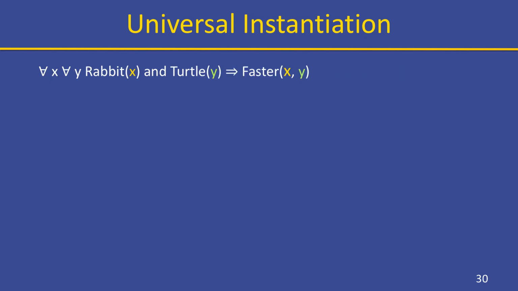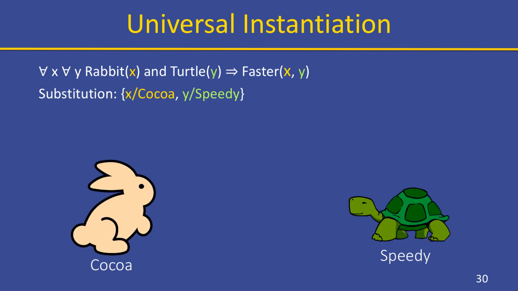Let's look at the second example of universal instantiation. Consider the sentence for all x for all y, rabbit x and turtle y implies faster x than y. So consider the substitution, x by Coco and y by Speedy. If we apply that substitution to our sentence here, what do we get?